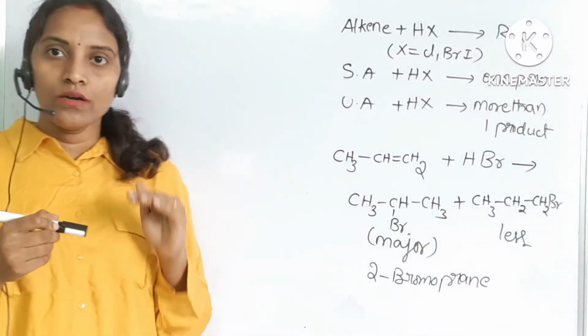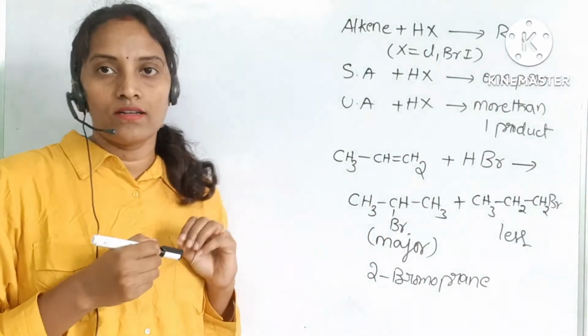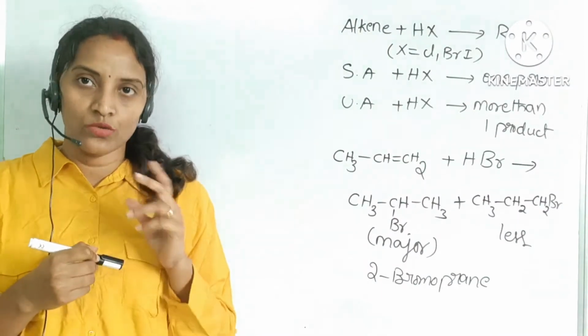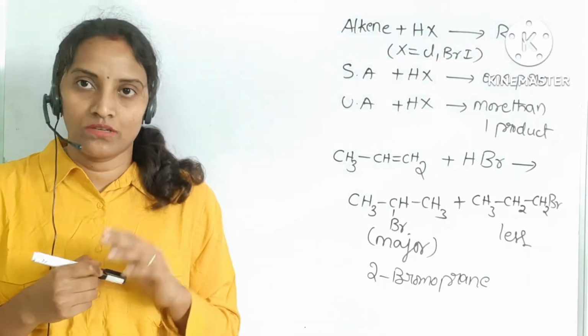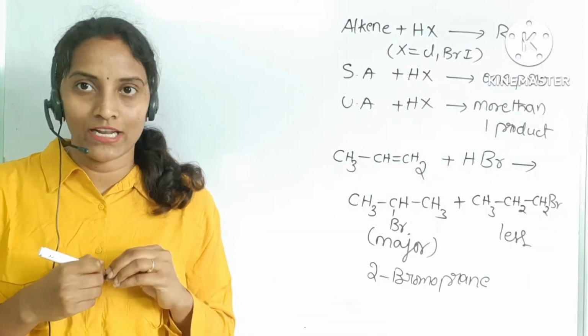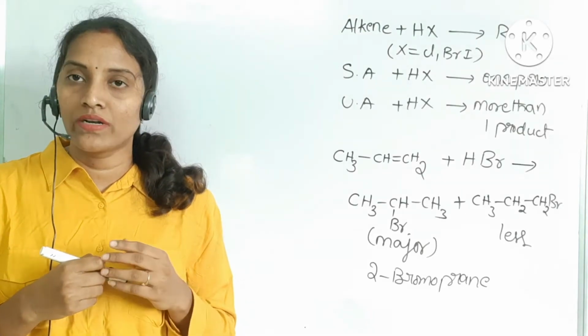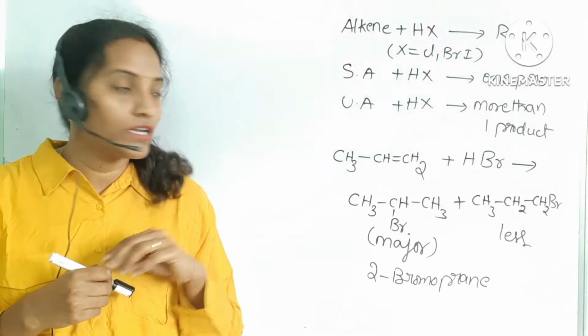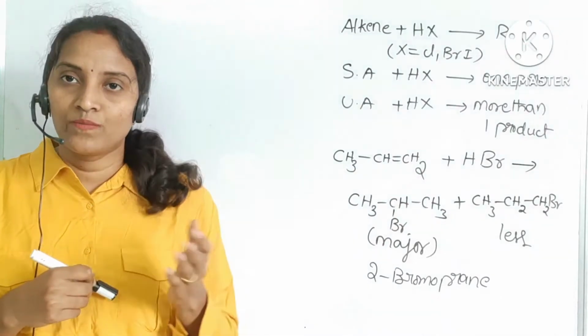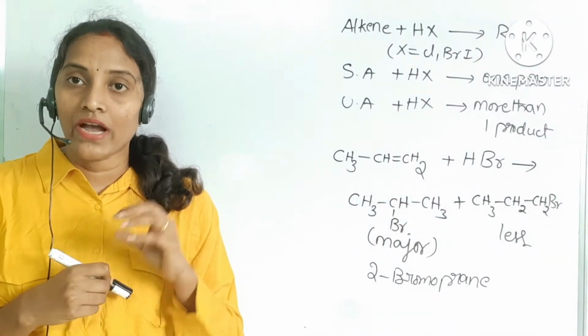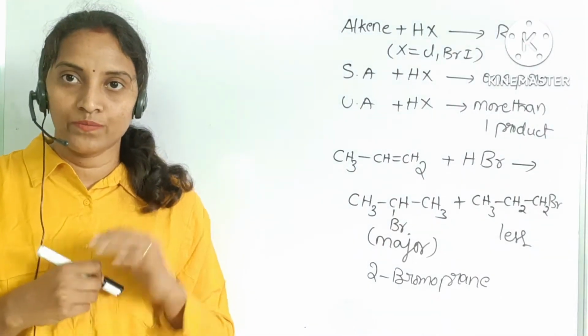Now coming to the mechanism for this reaction. This mechanism involves mainly two steps. First one is the formation of the electrophile, and the second one is the attack of the electrophile on the carbon atom present in the unsymmetrical alkene.